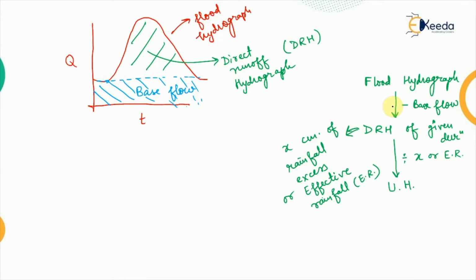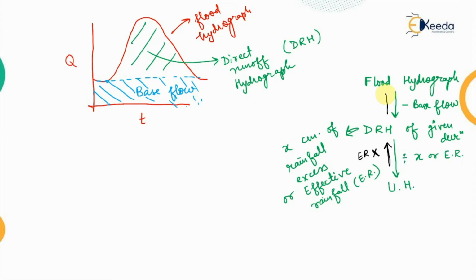Now if we want to move in the other direction, that means if we want to obtain the flood hydrograph from the unit hydrograph, then first of all, the unit hydrograph has to be multiplied with the effective rainfall. Then we will get the direct runoff hydrograph.